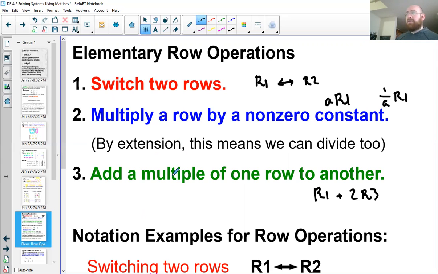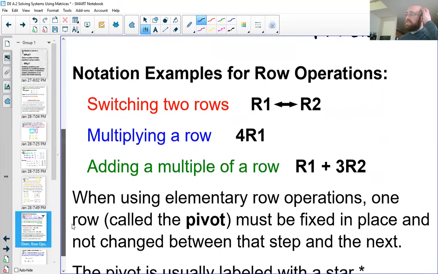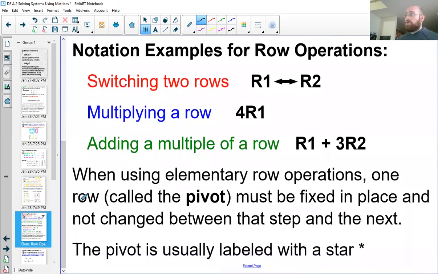So for the sake of our purposes, these are the three things we can do to a matrix to solve an equation. Here in slightly more clarified terms are the notation examples: that double-faced arrow for switching, just writing a number before the row number for multiplying, and adding just as we did before.